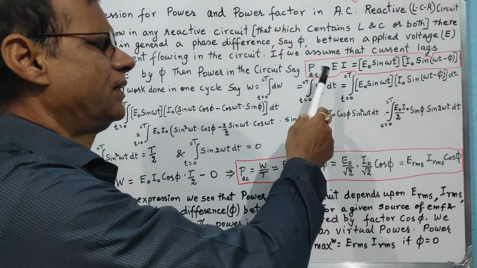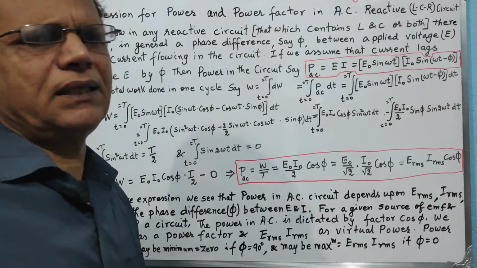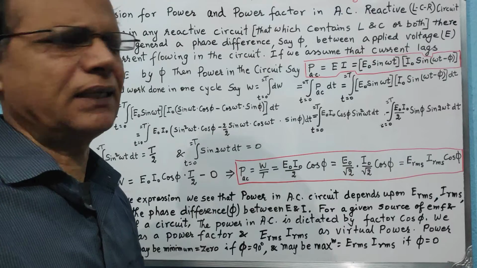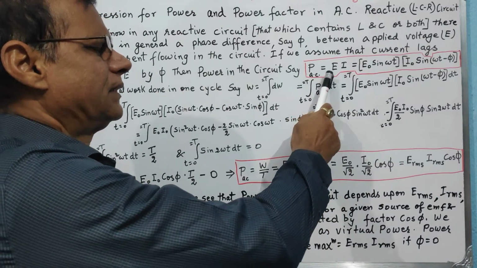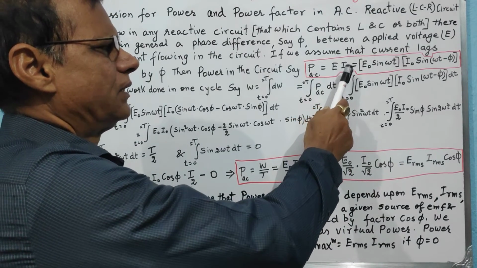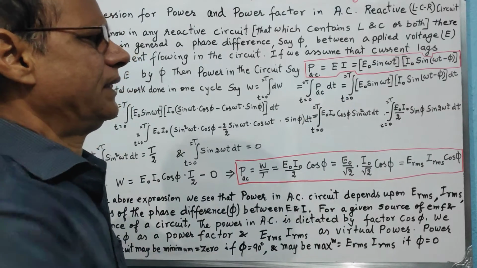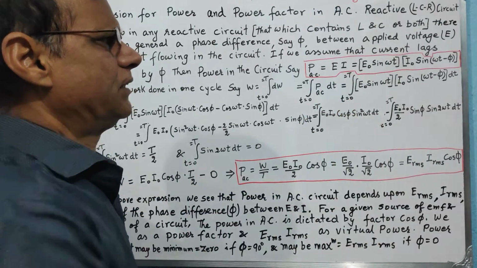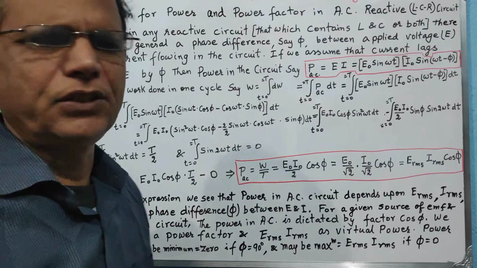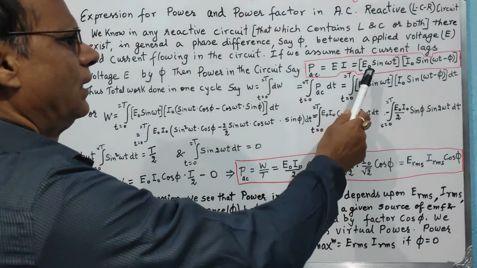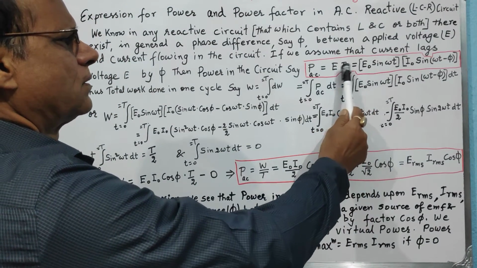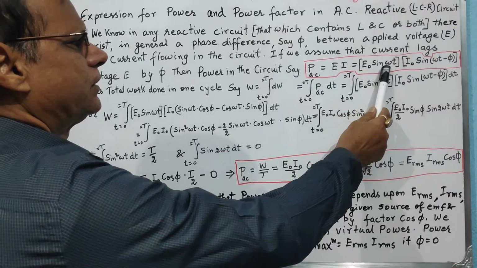If we have assumed that, we can easily write that power is voltage into current. So power in the AC circuit will be equal to voltage into current, and for voltage we have taken the simpler case, where the epoch value is 0, so E is E0 sin omega t.